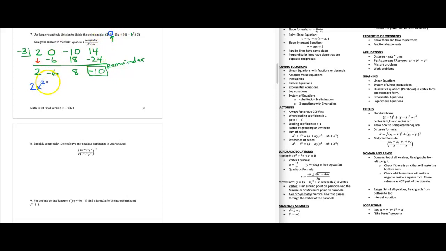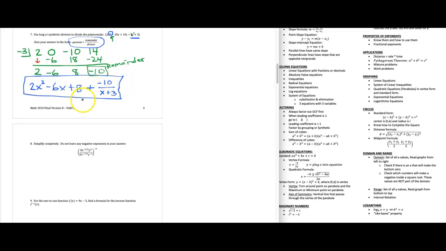Instead of a 3, it's 2, and then just keep going down, minus 6x plus 8, and then plus, and it says to write it like this, the quotient with the remainder over the divisor, so I need negative 10 over what I'm dividing by, that x plus 3. So all of that together is my answer.